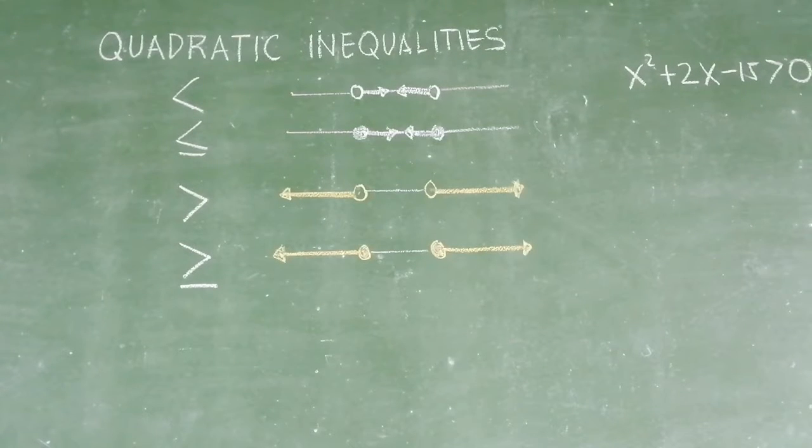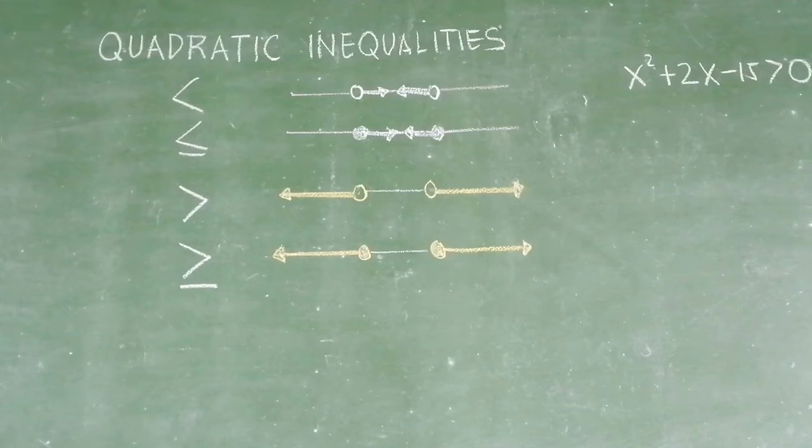So the other symbol is greater than. The solutions will go in opposite directions on the number line. So the open or unshaded circle is not a part of the solution.